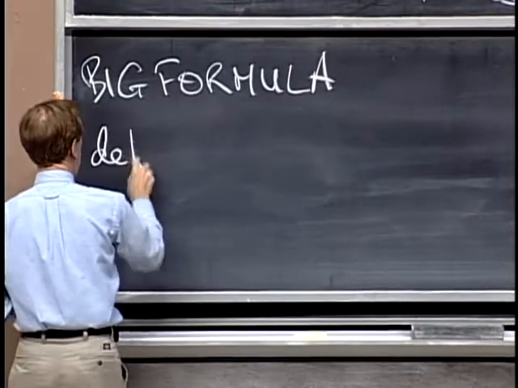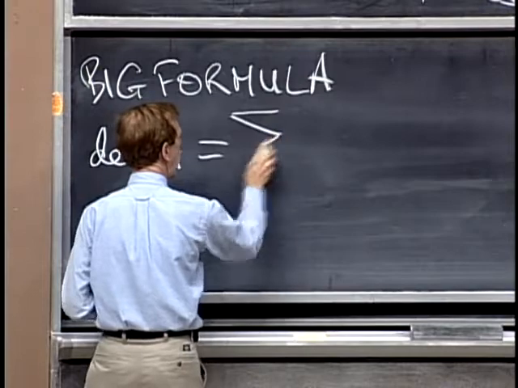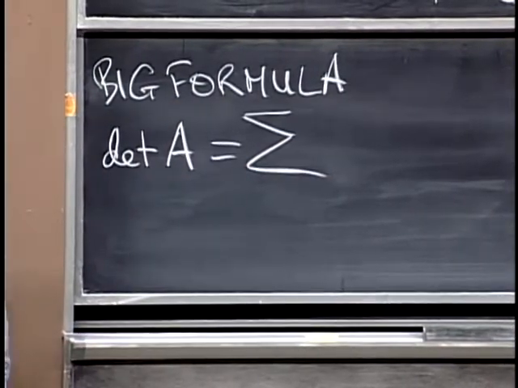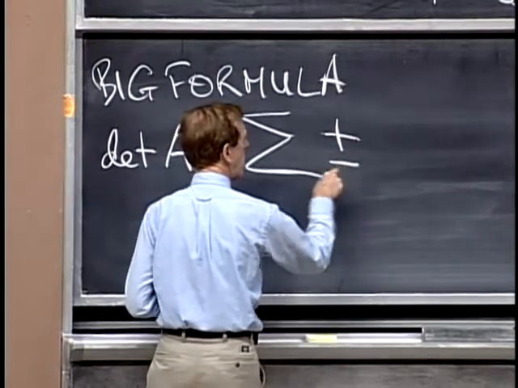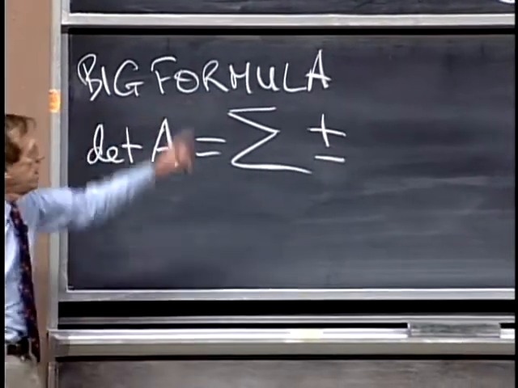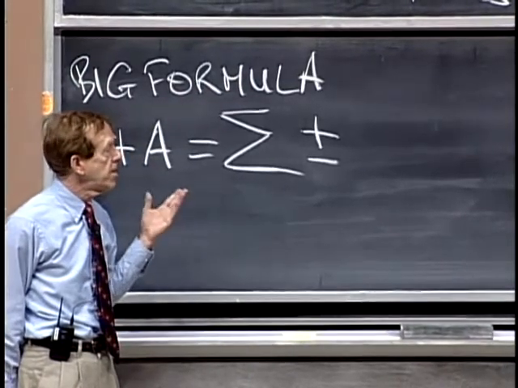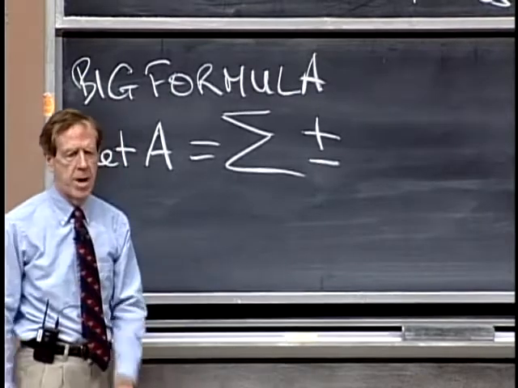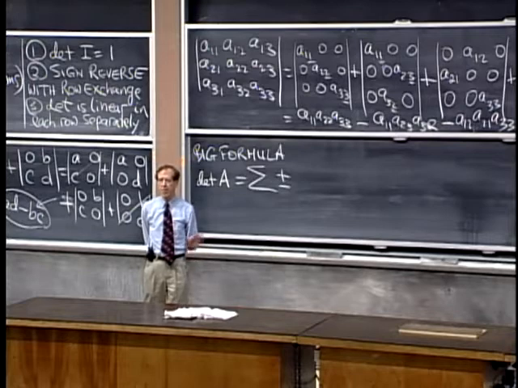The determinant of A is the sum of a whole lot of terms. And what are those terms? And is it a plus or a minus sign? I have to tell you which it is. In the 3x3 case, how many terms did I have? 6, and half were plus and half were minus. How many terms are you figuring for 4x4?